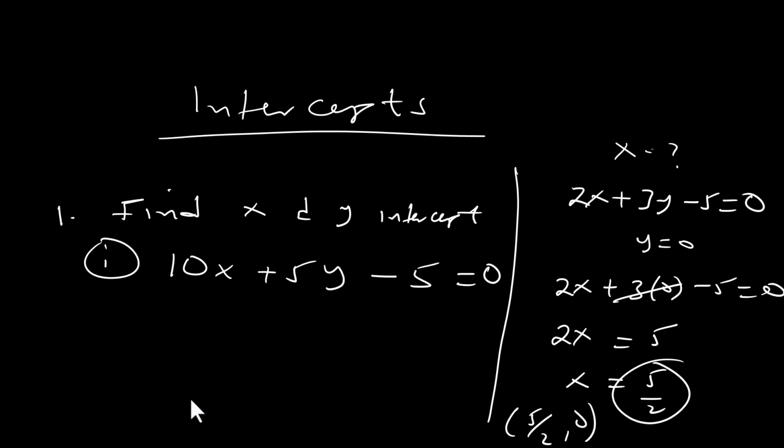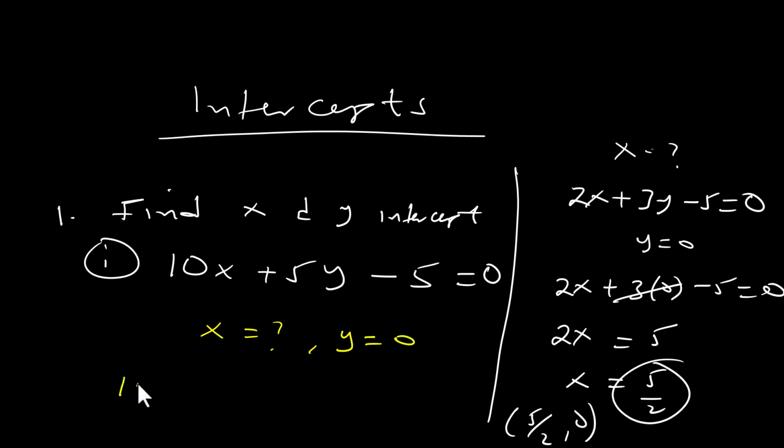Find the x and y intercept of the equation 10x plus 5y minus 5 equal to 0. Let's start with the x-intercept. So y equal to 0. We put y to 0.